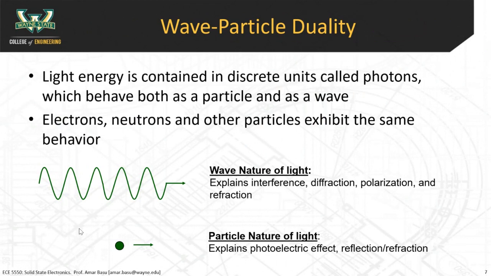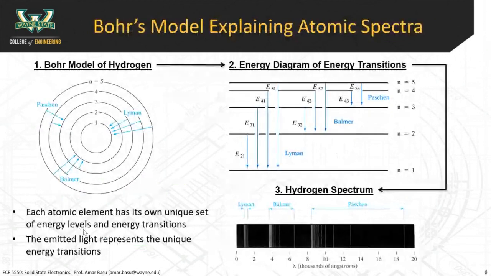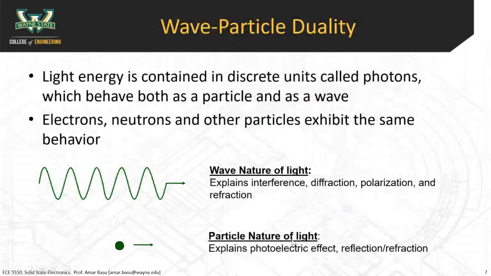So we found out from here that light is being given off in quanta. In that sense, light is behaving as a particle, but that particle has a certain wavelength associated with it. So that is an example of light exhibiting wave-like properties and particle-like properties.